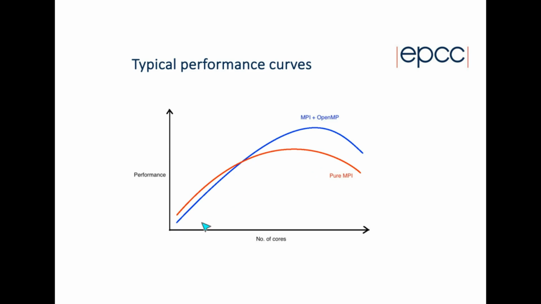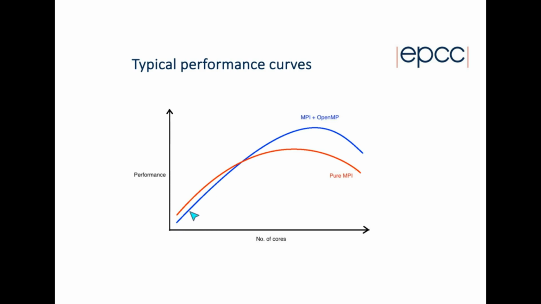So what we might hope for by going from pure MPI to MPI plus OpenMP is not really to improve the performance in the good scaling regime, down at the bottom left here, small numbers of cores where our scaling is linear.